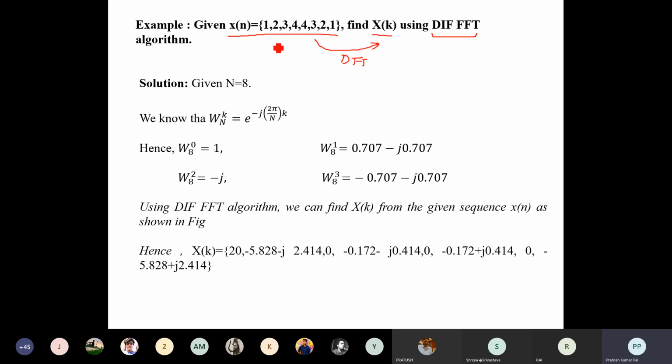So first of all we will see how many samples are there here. 1 2 3 4 5 6 7 8. So 8 samples, so N is equal to 8.